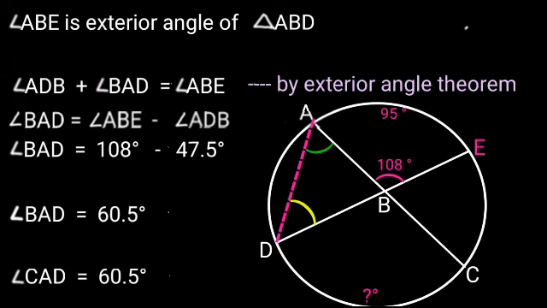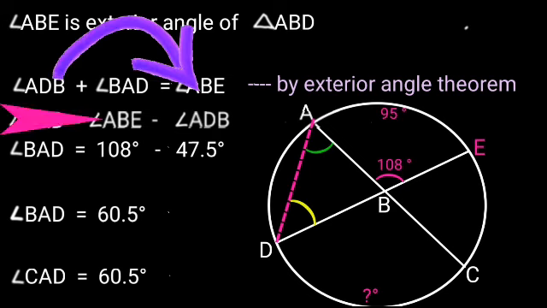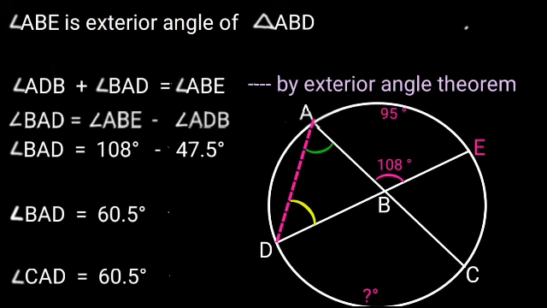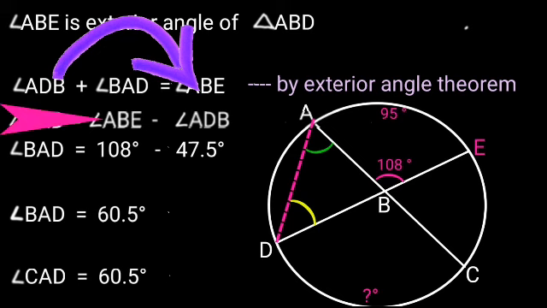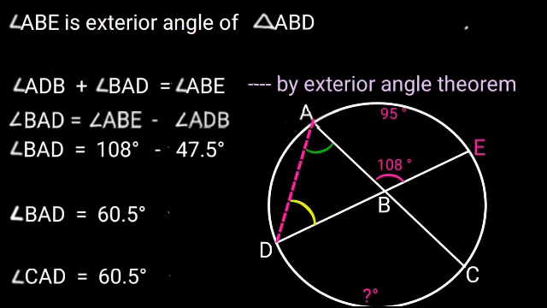We have to find angle BAD, which is equal to angle ABE minus angle ADB, that is 108 degrees minus 47.5 degrees.